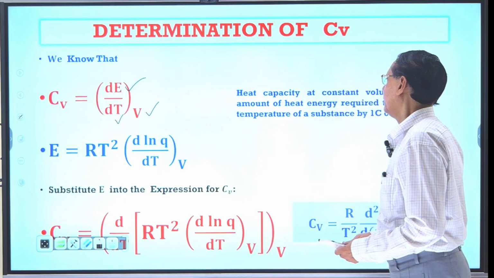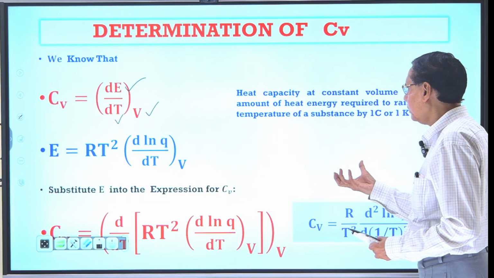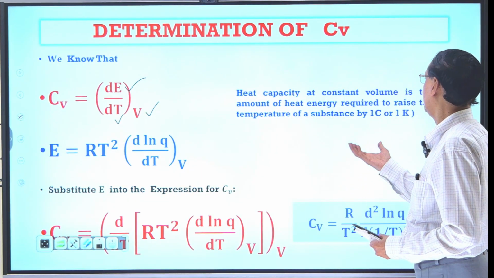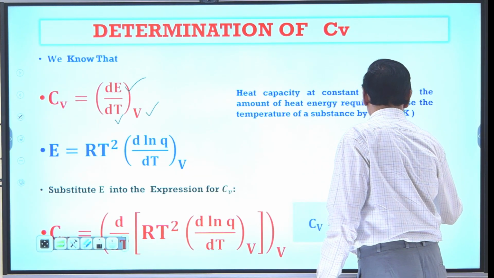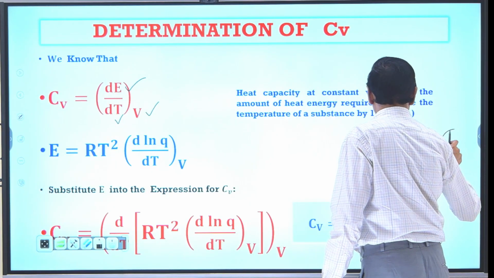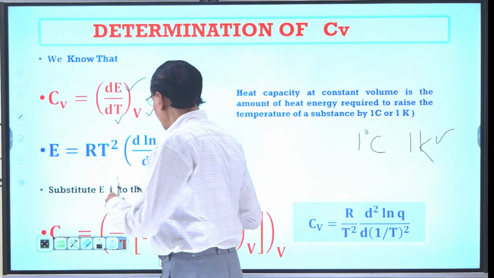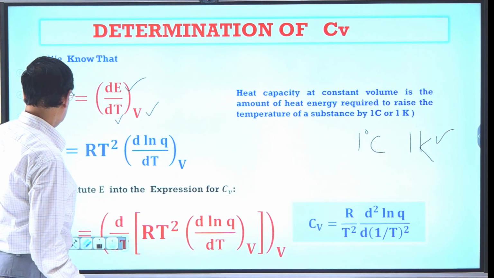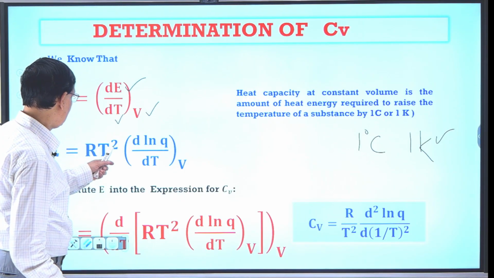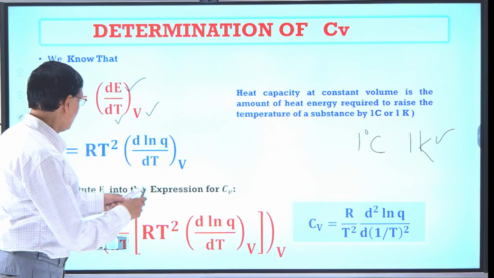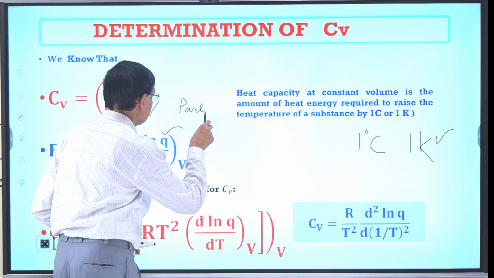So you all know it is a very common definition that heat capacity at constant volume is the amount of energy required to raise the temperature of a substance 1 degree centigrade or 1 Kelvin. So it is simple, a 5-minute job, because we have already derived that internal energy is equal to R T square d by dT of natural log of Q, where Q is the partition function, of course molecular partition function.